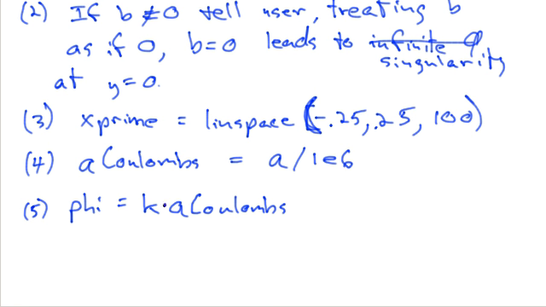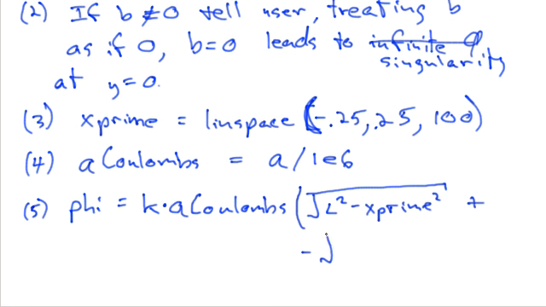So I'll put a dot in there for multiplication, just so you know this is all one variable, and then times the square root of L squared minus x prime squared plus the negative of the square root of u squared minus x prime squared.